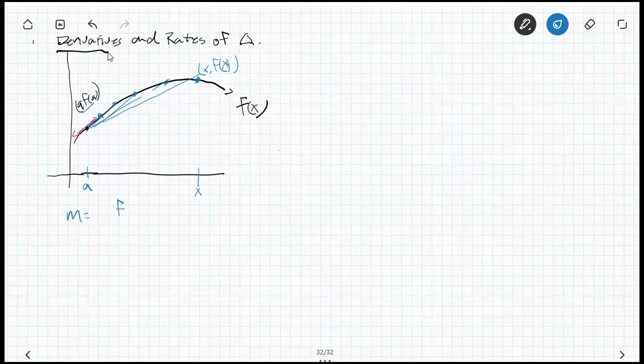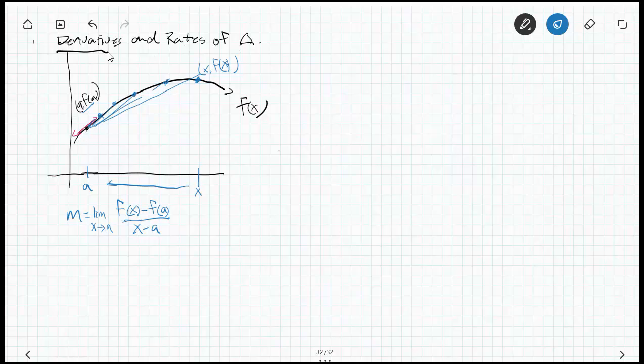That would be f of x minus f of a over x minus a, would it not? Do you agree with that? However, I don't want the slope of the secant line. I want the slope of the tangent line. So what do I do? I send x back to a. Well, what's the mathematical mechanism by which that happens? Well, you guessed it. It's the limit as x approaches a.